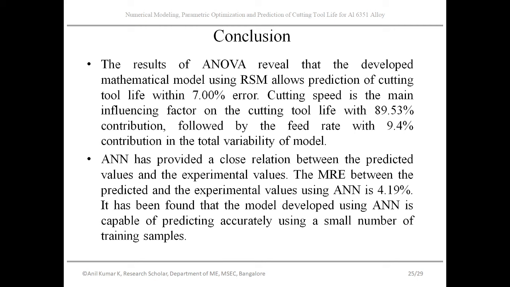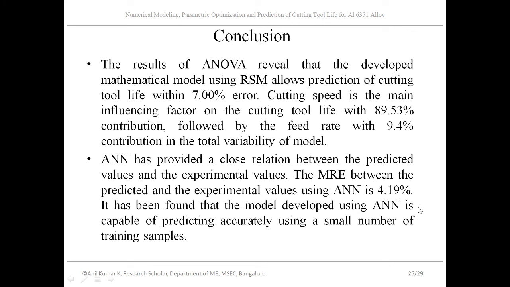Finally, we can conclude that ANOVA revealed that the mathematical model developed using RSM allows prediction of cutting tool life within 7% error. Here the cutting speed is the main influencing factor on the cutting tool life with 89.53% contribution, followed by feed rate with 99.4%. ANN provided a close relation between the predicted values and experimental values.